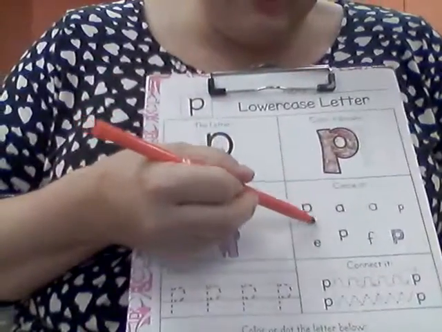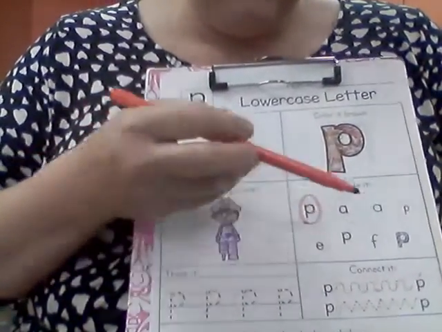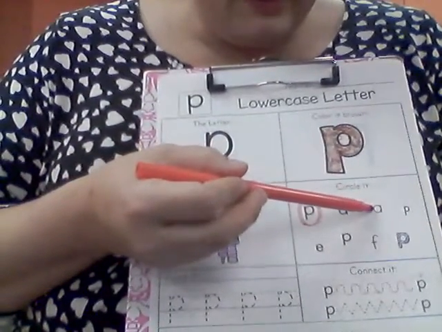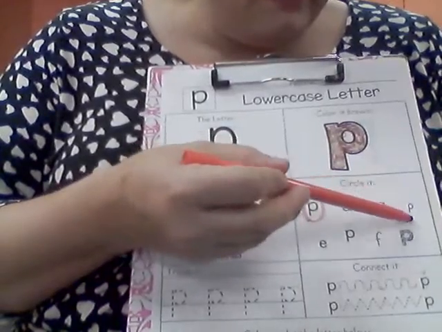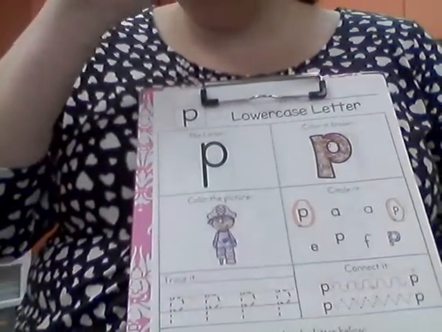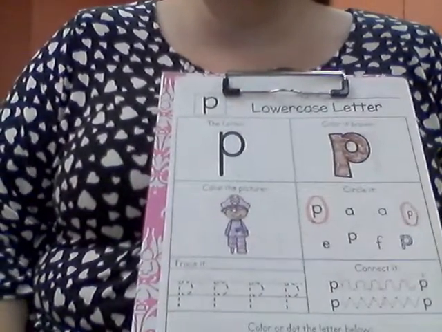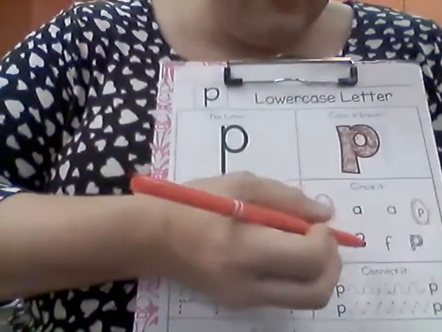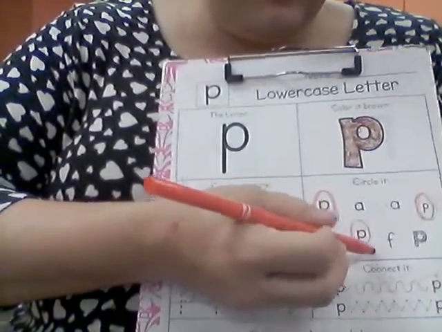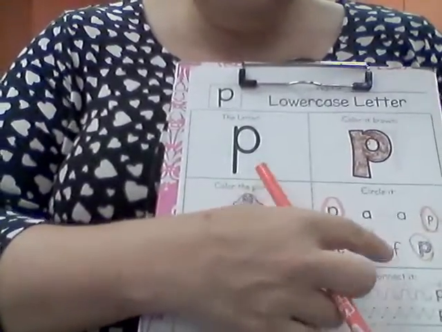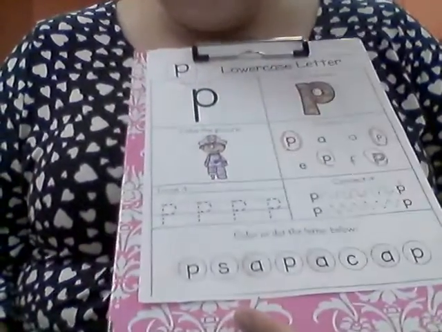So the first one right here is a P. The next one is an A. Then we have another A. And then we have a P. Okay, now I want you to try the bottom row on your own. Okay, we have P here, and we have P here. This one's an E, and this one's an F, so we do not circle it.